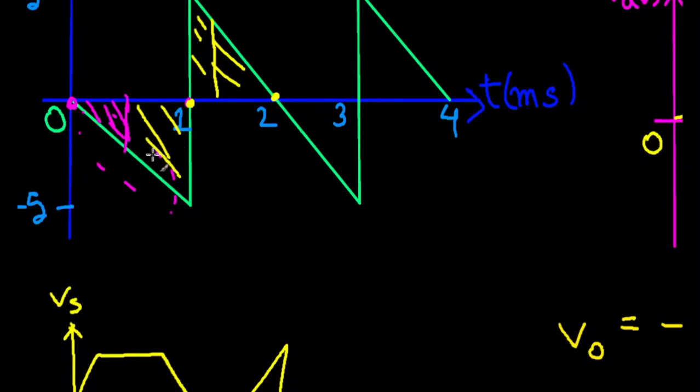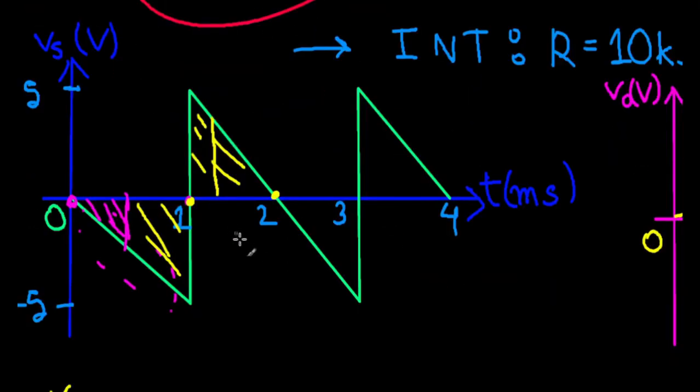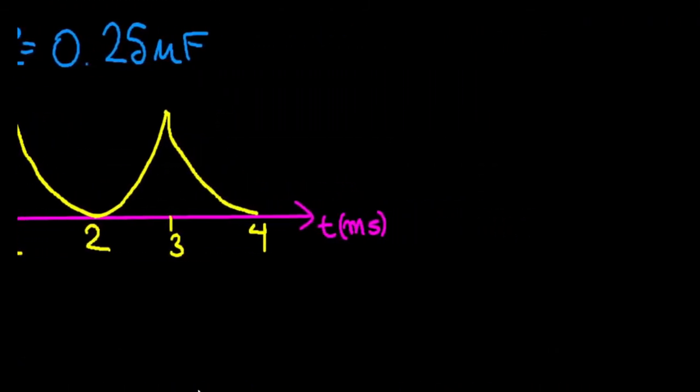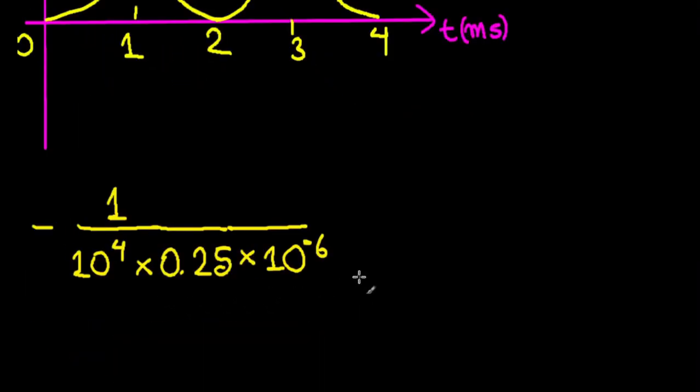I could do the integral, but since we just need the value, and it's a triangle, you can just use the area of a triangle formula. So half times base, which is 1 millisecond, 10 to the minus 3, and height, which is 5, but we need to consider this negative, so negative 5. So half. I'll use a different color.